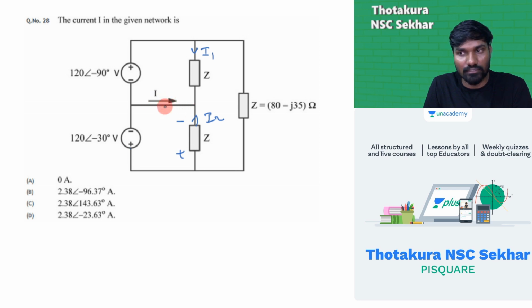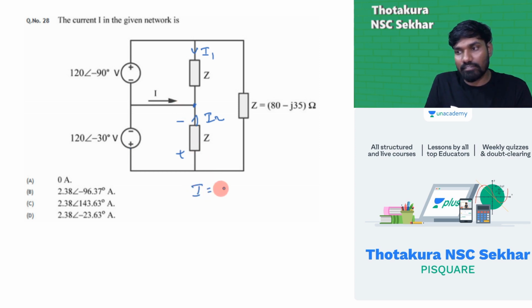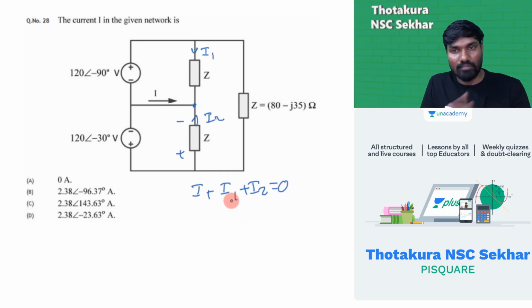If I apply KCL at this node, sum of all three are incoming: I plus I1 plus I2 is equal to 0. All three currents sum to 0. That's what KCL says.